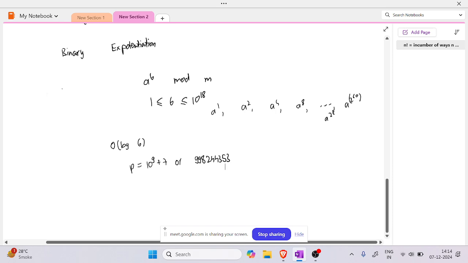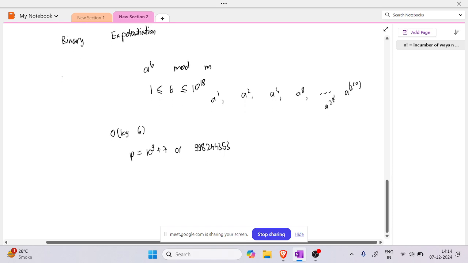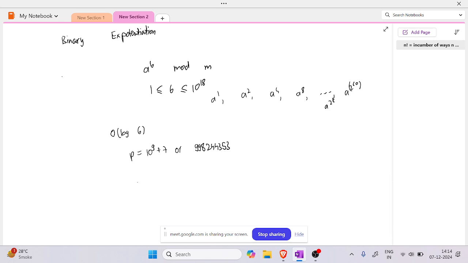So now you can say that the binomial coefficient NCR is this. Now you can think about calculating the factorials.